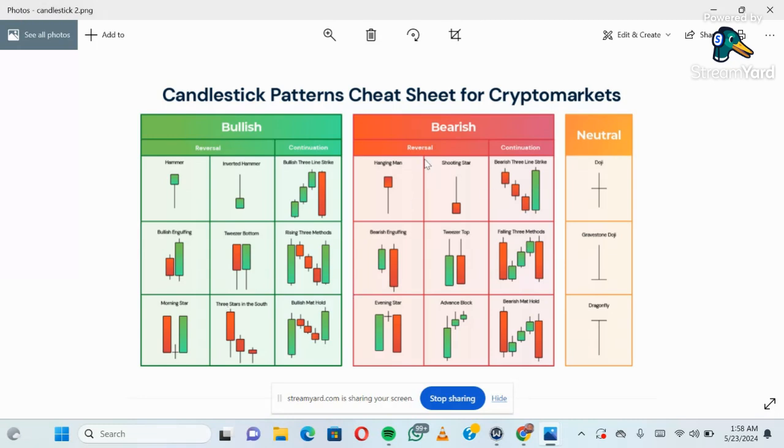So this is a reversal candle. When we're talking about candlestick formation, we also have reversal and continuation. What does that mean? When we're talking about continuation, the market is moving in a bullish direction, going to the upside. Then it forms a reversal candle, then confirms the continuation from that test.